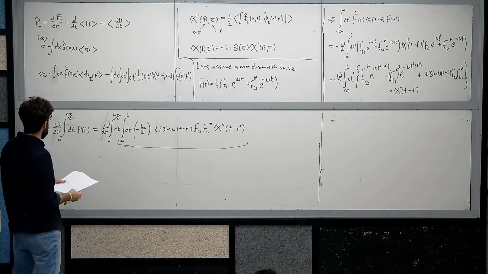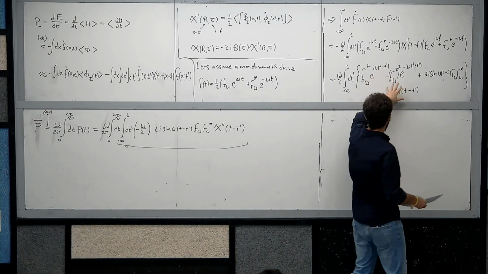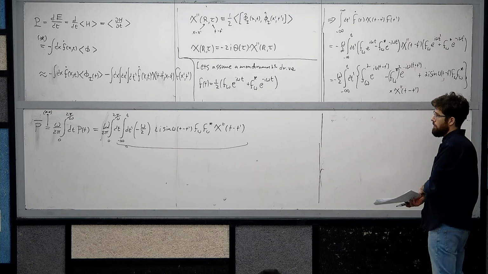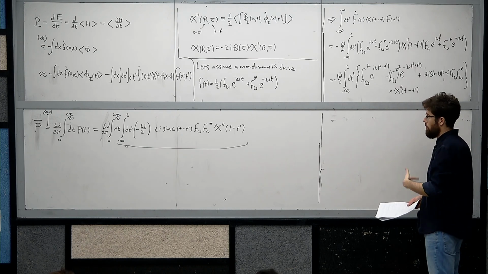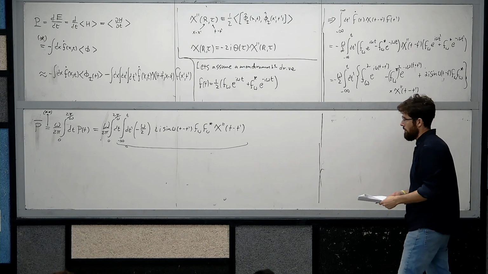So basically, this was to argue that these terms fall out on average. They're there, they oscillate, but they don't contribute anything on average.